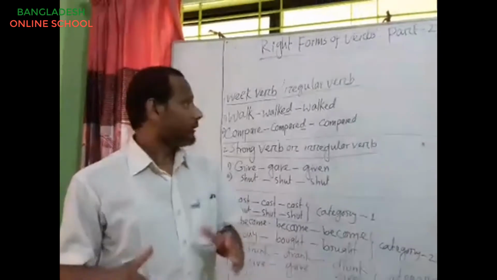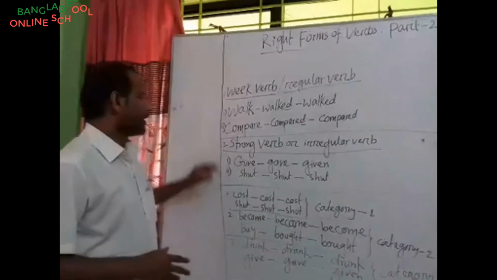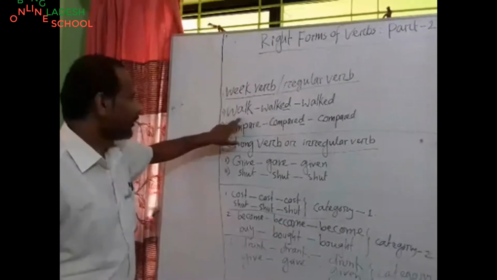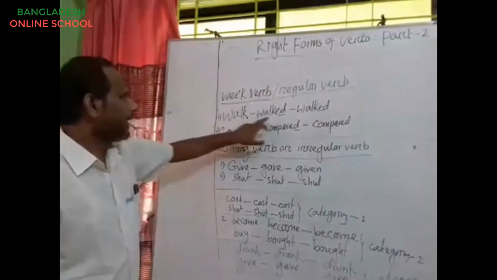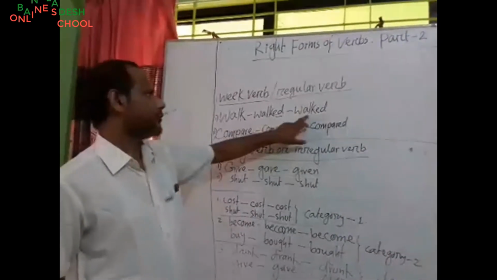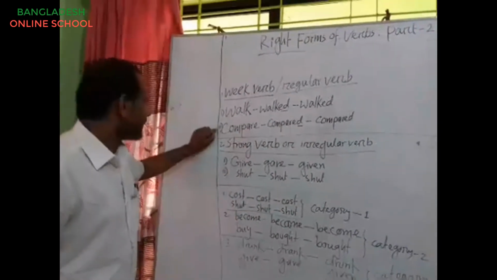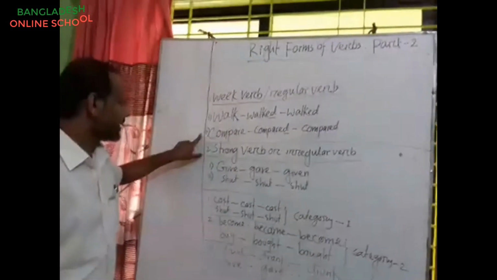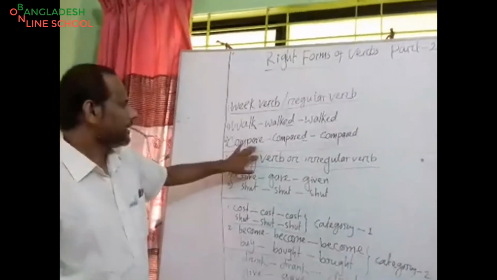Each weak verb, you see, work is a verb. At the end of work, ed is used in the past form. At the past participle form of verb, ed is used. In the second example, compare is a base form.